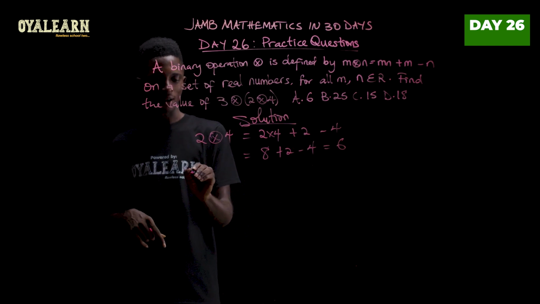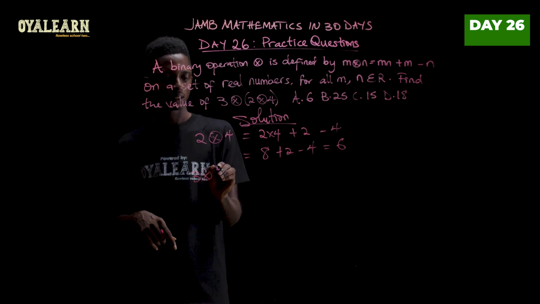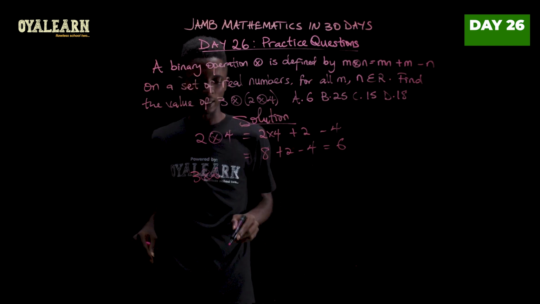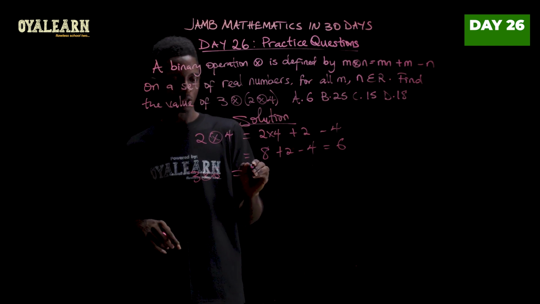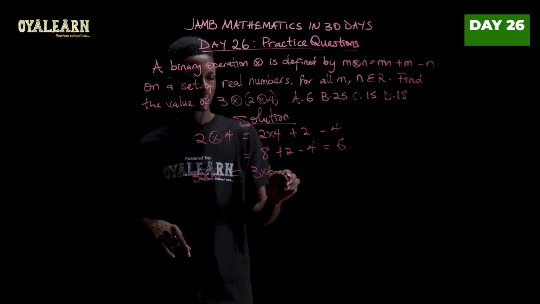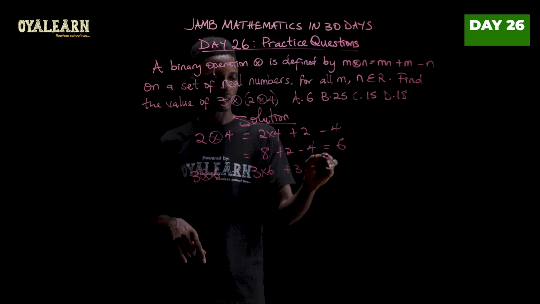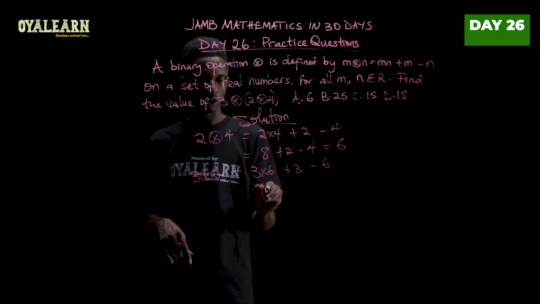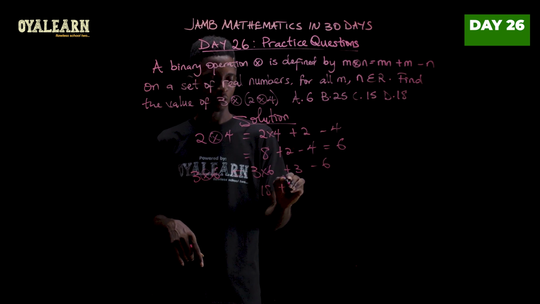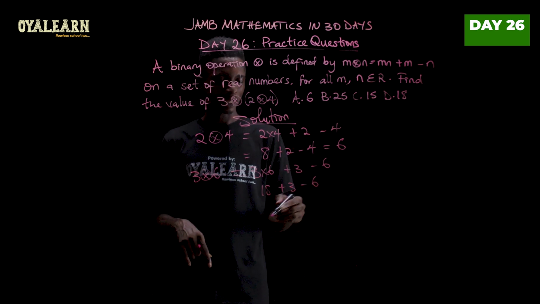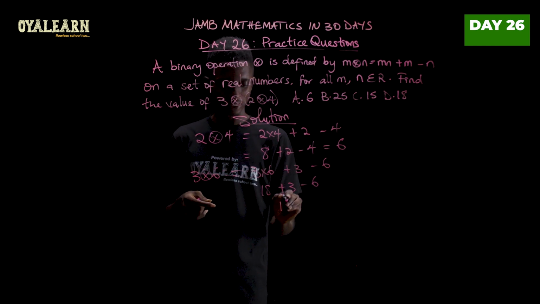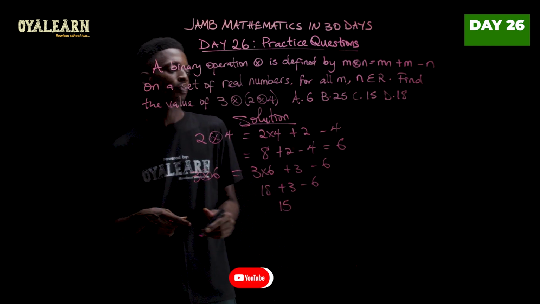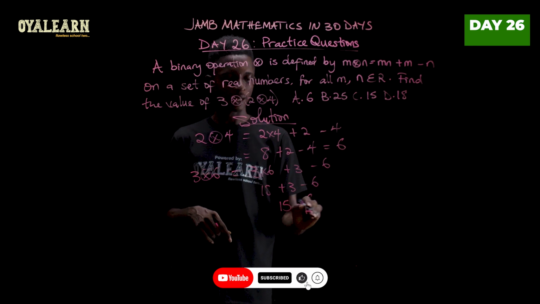Now, we'll then have 3 and 6, which is the result of the bracket here. So we are going to be having 3 times 6 plus 3 minus 6. Now this will give us 18, so plus 3 minus 6. And then we're going to be having 15 as our final answer. So the correct option to go for here is C.